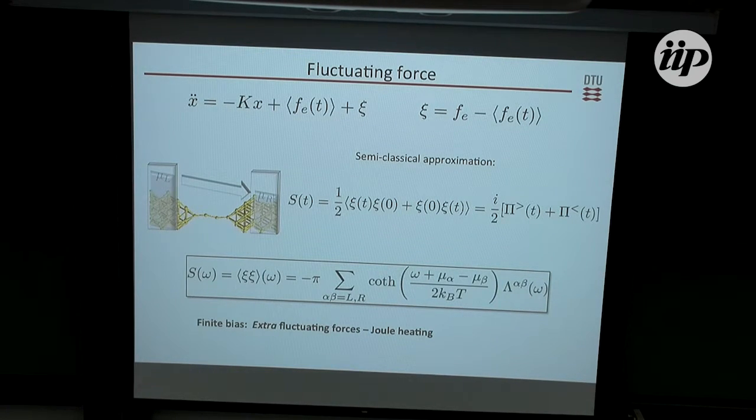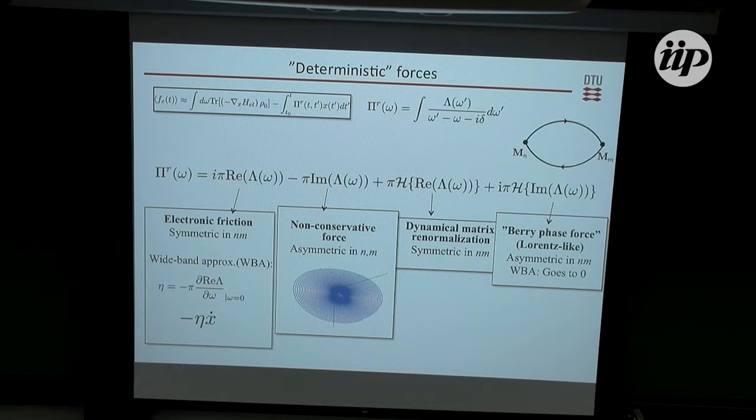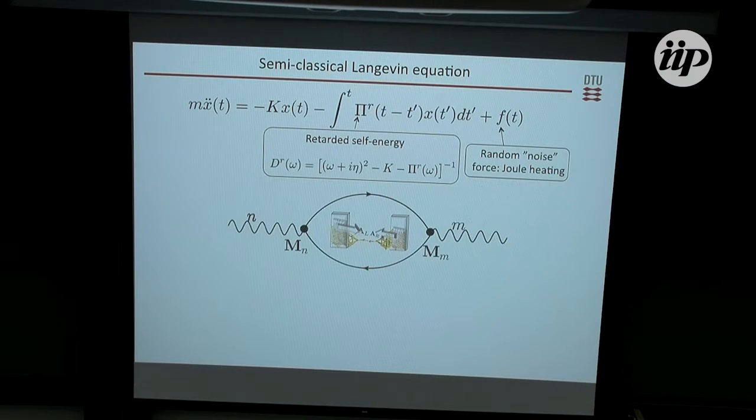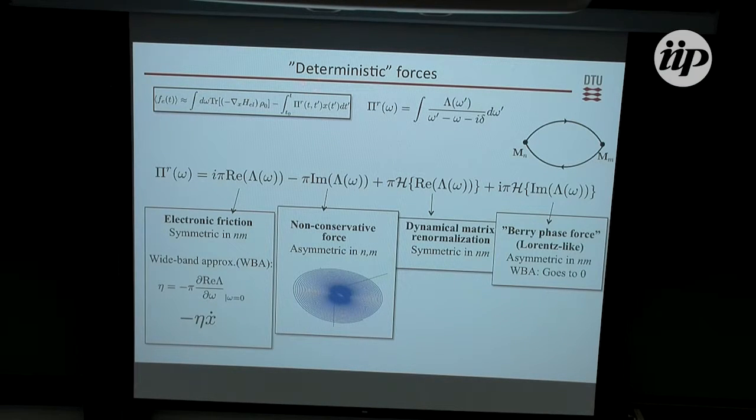So this is done in the lowest order in the electron-phonon coupling, which means that this lambda function is second order in the coupling M. If we look at the deterministic forces, these are also given by this lambda function, and essentially this is just what goes into the retarded self-energy of the electron-phonon coupling.